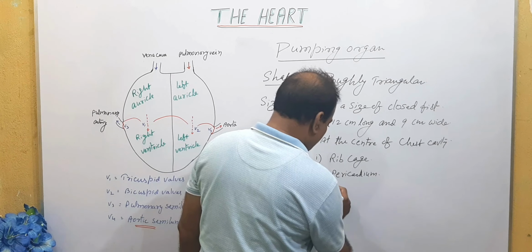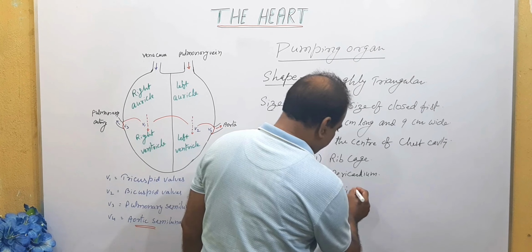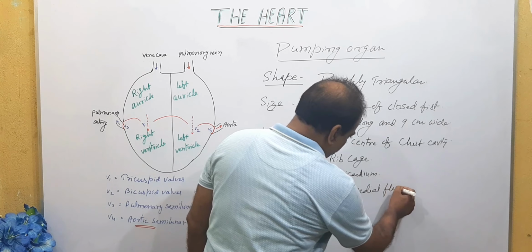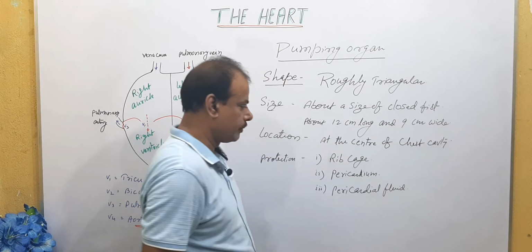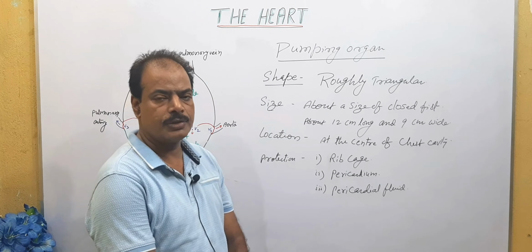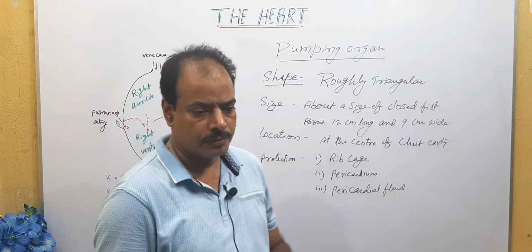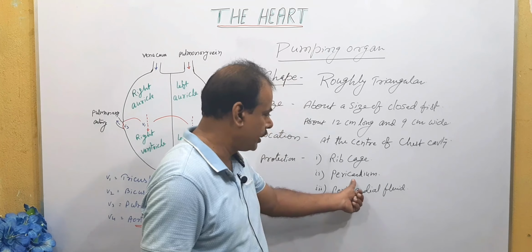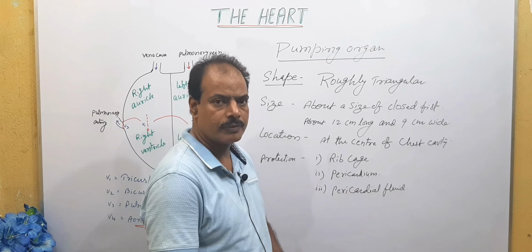Number three, pericardial fluid. It is a lubricating fluid which is found between the two layers, since the pericardium contains two layers.